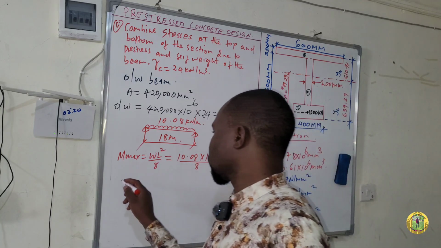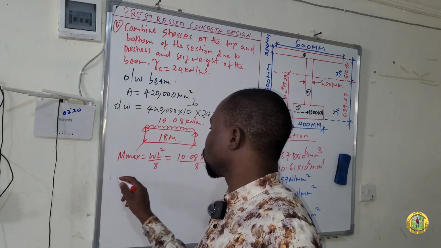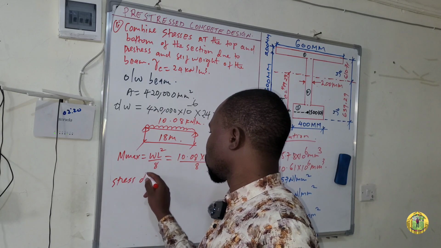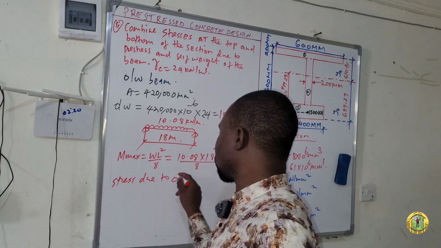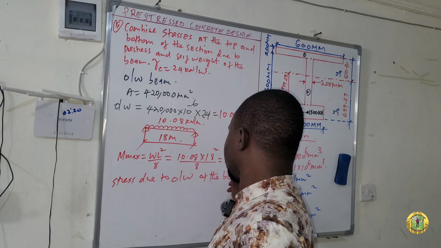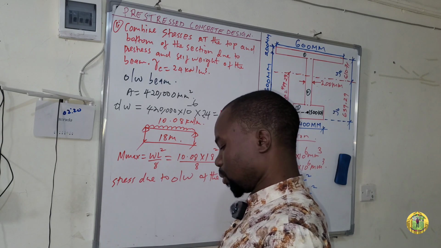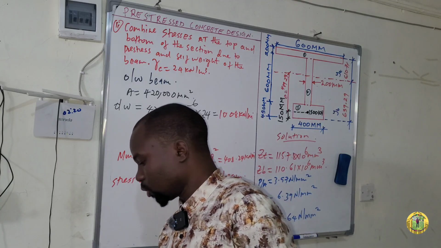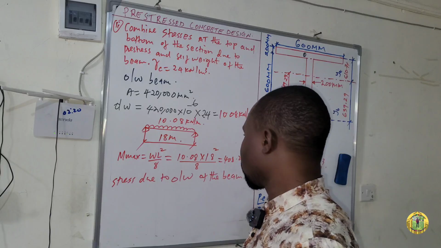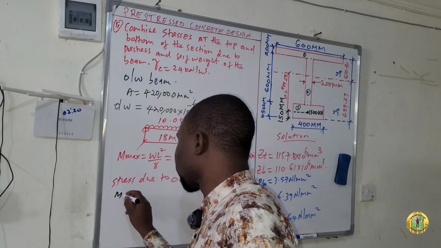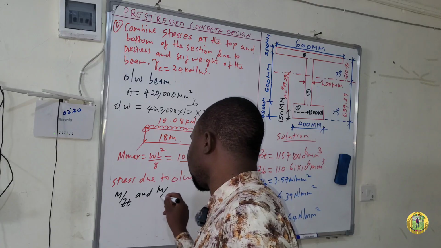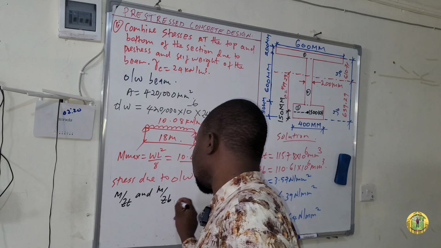So the stresses due to self-weight of the beam are given by M over Z, M over Z top and M over Z bottom.